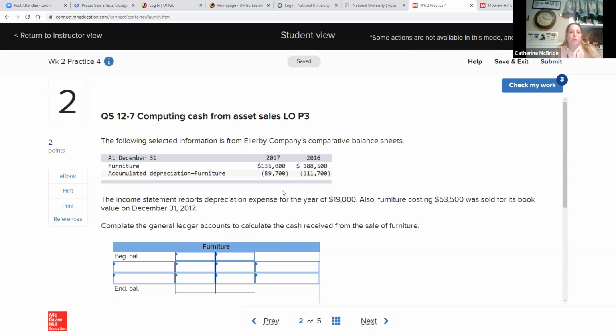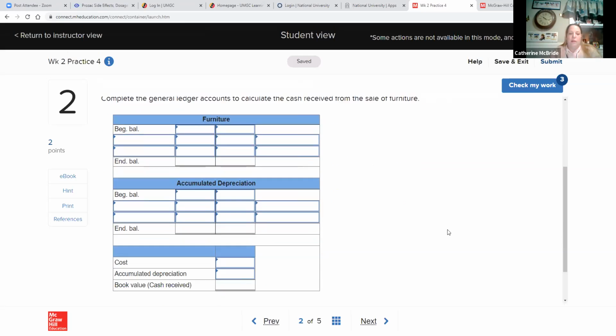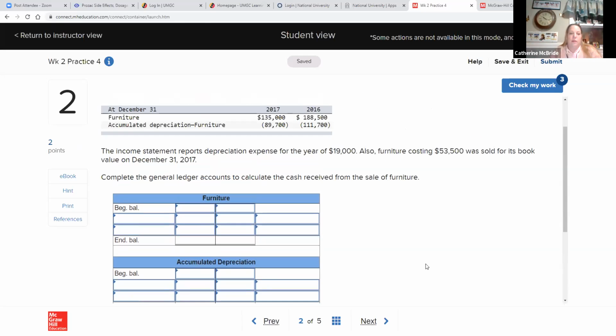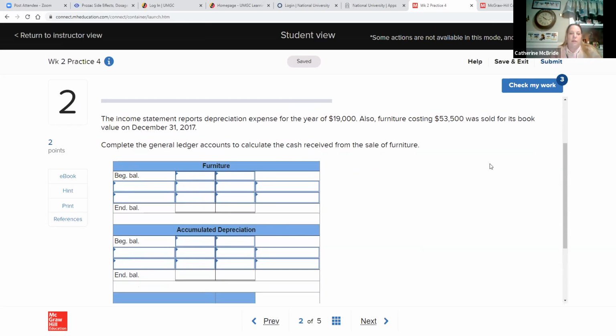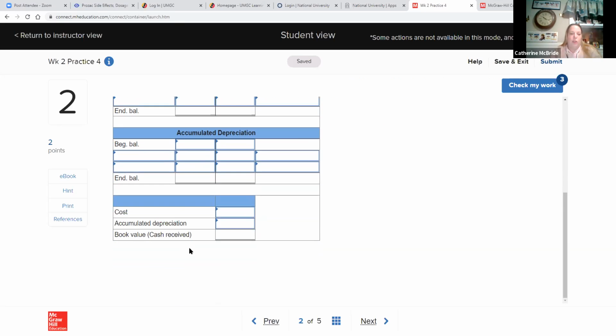When you're doing this problem, think about what is on your books and what you need to take off. So the income statement reports depreciation expense. Shouldn't have to do this one. Beginning balance, ending balance, accumulated depreciation.